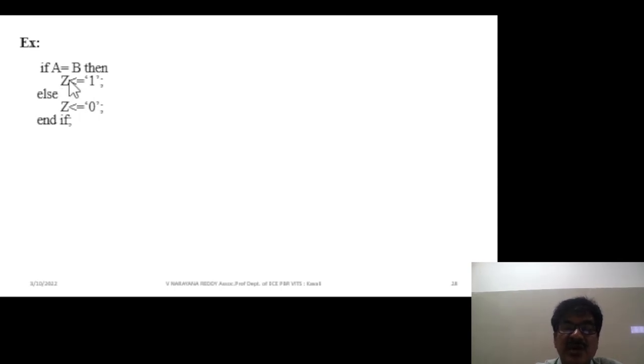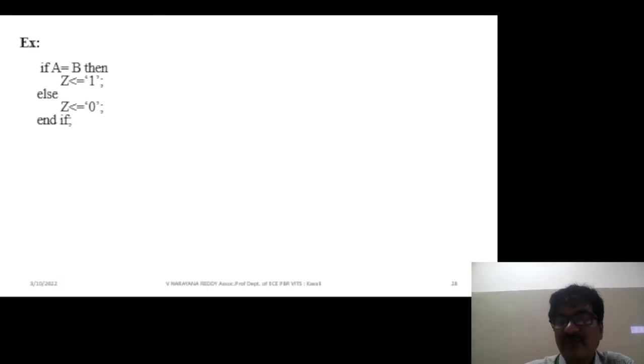The execution pointer goes to the else part and it executes Z <= 0, that means it assigns a binary 0 value to Z. Then end if. So in the condition, the relational operators are used to compare the binary numbers A and B.